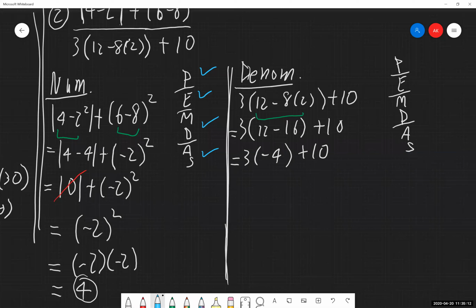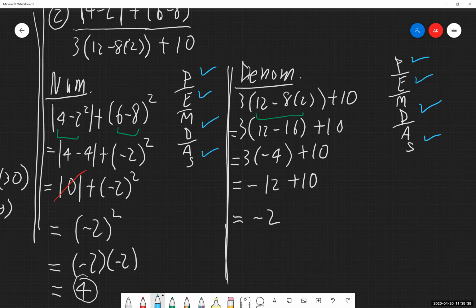And now I'm done with parentheses. I don't have any exponents. I have multiplication or division though. I have 3 times -4. A positive times a negative is going to give me a negative. 3 times 4 is 12. Got that. Multiplication or division is done. Addition, subtraction, I have -12 plus 10. That's going to give me a -2.